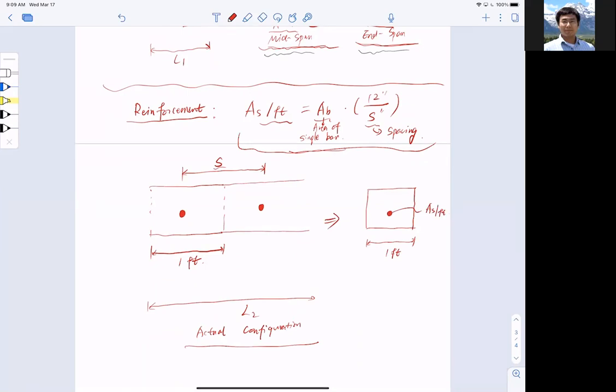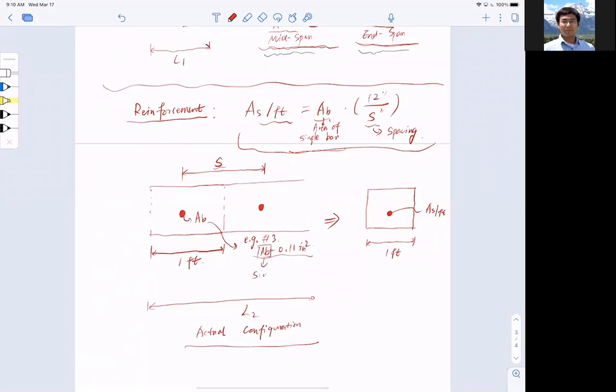All right, so this single bar area, for example, if it's number 9, for example, for number 9 bars, Ab would equal 1 inch squared. Usually it won't be number 9. Let's just be more careful. It is number 3, or number 4, because usually that's what we select for slabs. Okay, something like that.